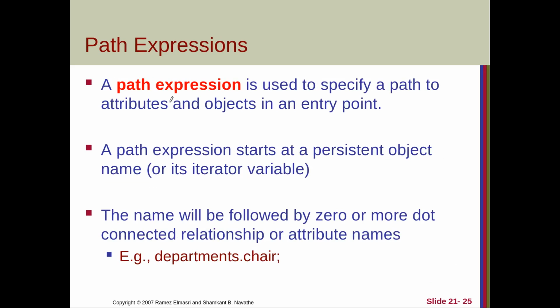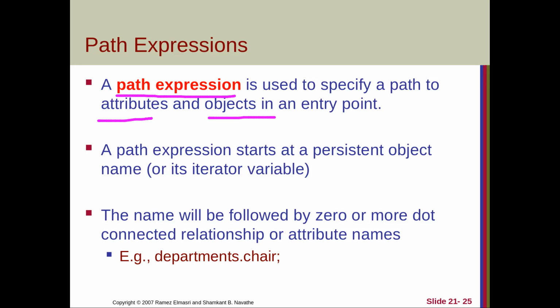Now similarly, we can specify an OQL query by using path expressions also. A path expression is used to specify a path to the attributes and objects in an entry point. So in the departments extent, if I want to refer to a particular attribute, we can use a path expression. We need to provide the path, how to reach that particular attribute. Normally that is possible only through the object with the support of an extent.